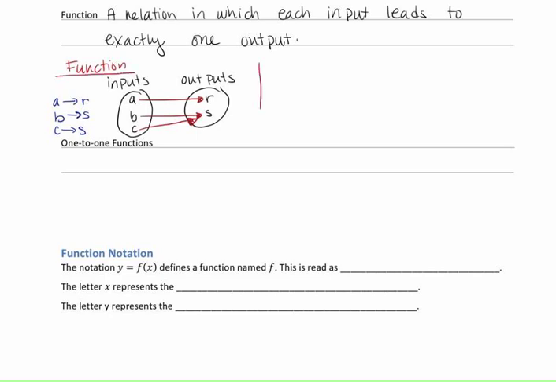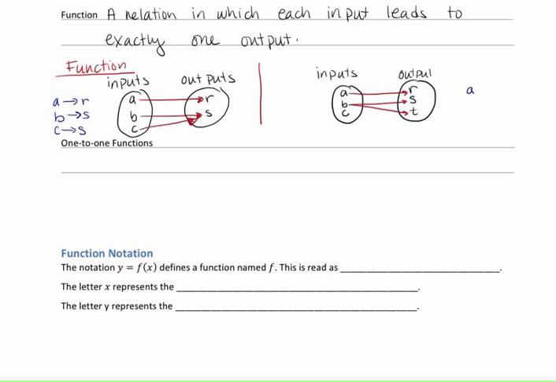Now let's draw another sketch. Now my inputs are going to stay as A, B, C. I'm going to have outputs of R, S, T. A is going to go to R, B is going to go to S, and B is also going to go to T. C is not going to go anywhere. Let's label our outputs.